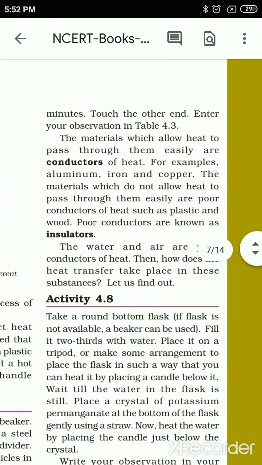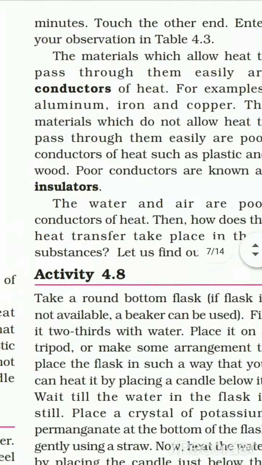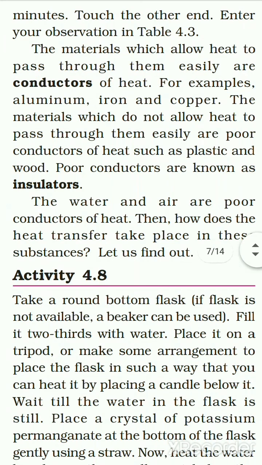So after doing this activity, what is the conclusion? The materials which allow heat to pass through them easily are called conductors. And the materials which do not allow heat to pass through them easily are called poor conductors of heat, such as plastic and wood. Plastic and wood are poor conductors, and poor conductors are known as insulators.